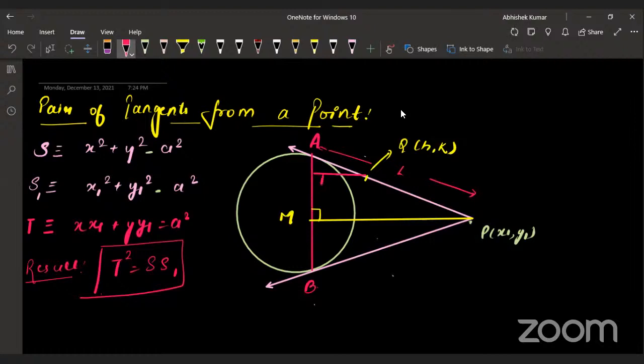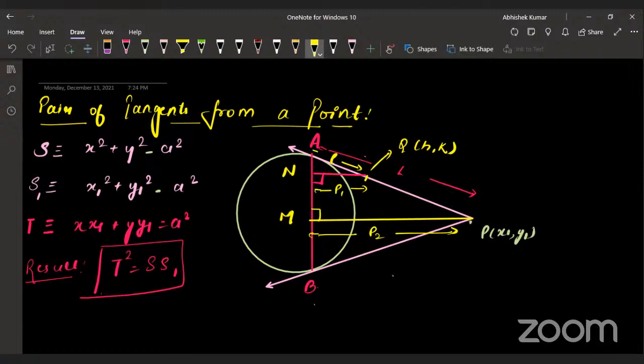Clear? That's a construction we did from our side. You can call this point M and this point N. And this length, let us denote AQ as a small l. That length was capital L. And the lengths of the perpendiculars are, let's say, P1 and P2. Clear? That's the construction we did.